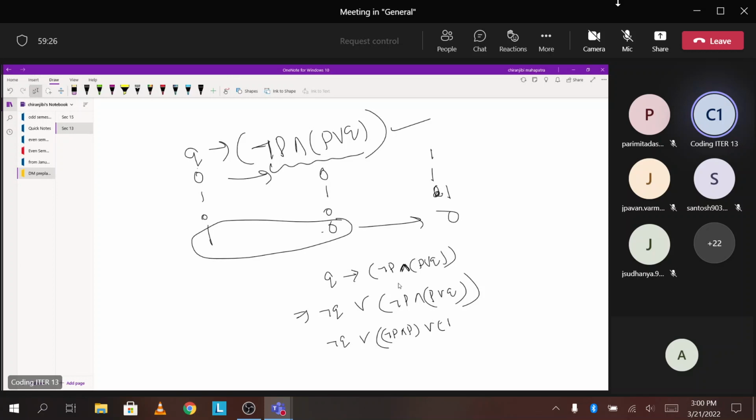Negation of P and P, and negation of P or Q. So this becomes equal to negation of Q, negation of Q or negation of P and P. So that is always false, 0.